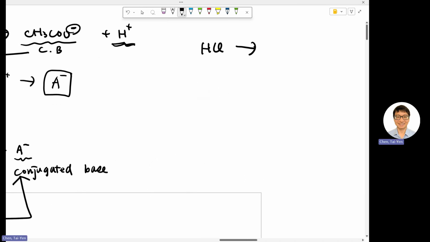What will be the conjugate base of HCl? What will be the answer? Good, Cl minus. One more. What will be the conjugate base of H2SO4? So you see, we start to have different answers, right?